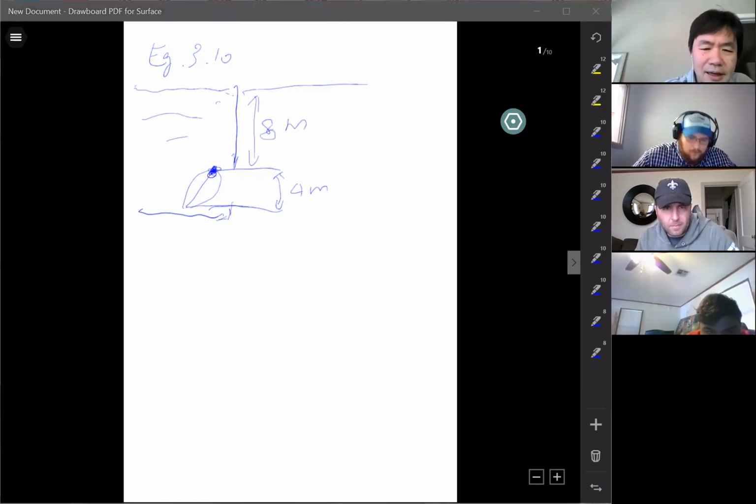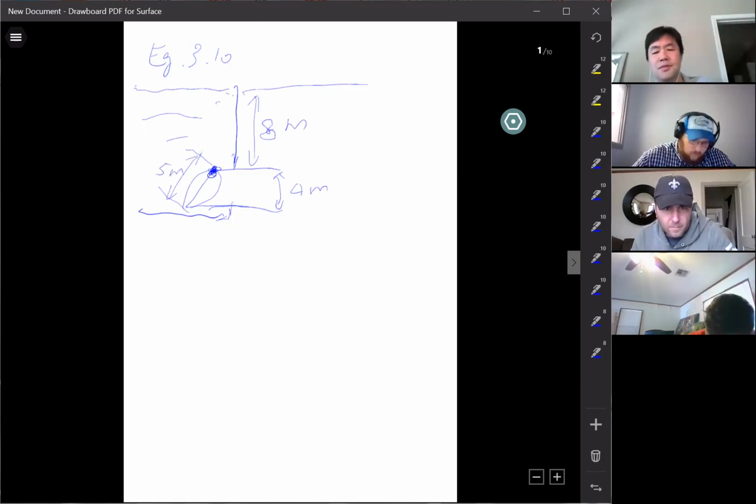The longer length of the gate here is 5 meters. So I think that's all the dimensions.